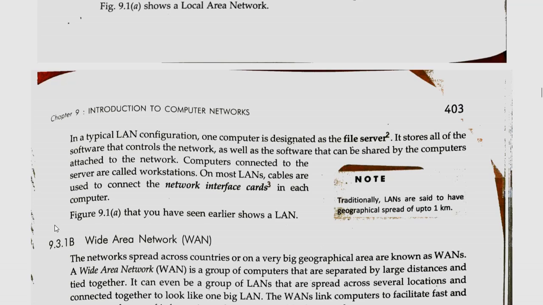So both kinds of software are there. Either you control all the systems from that particular software, or if you want to share software, that shared software should also be present there.